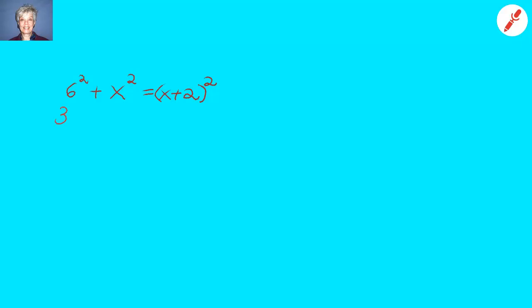So we'll have 36 plus x squared equals, be careful when you're squaring a binomial, you have to write them twice and FOIL them.